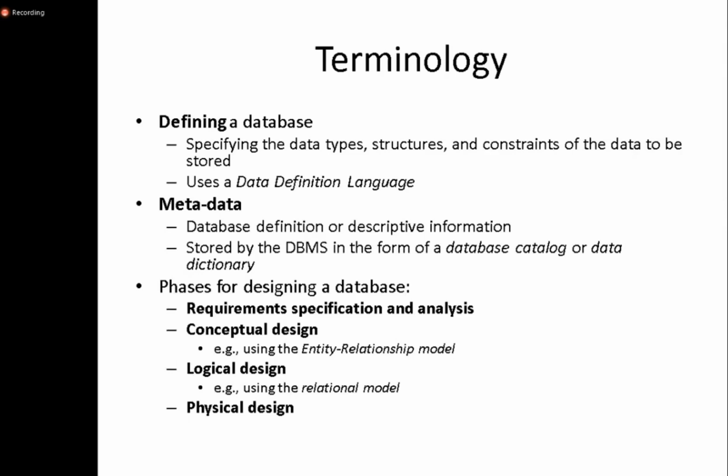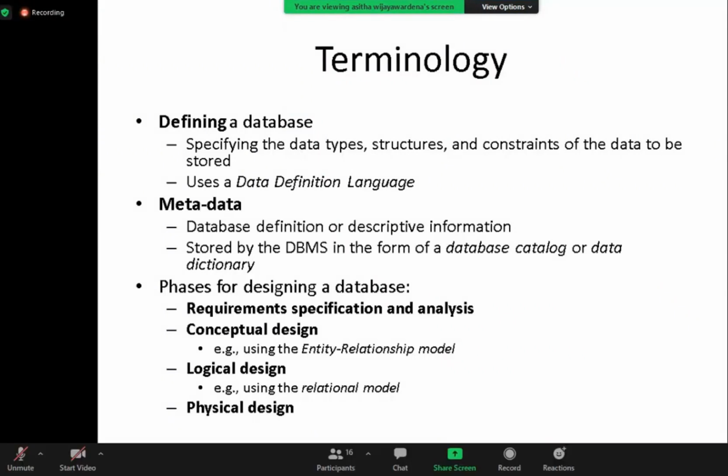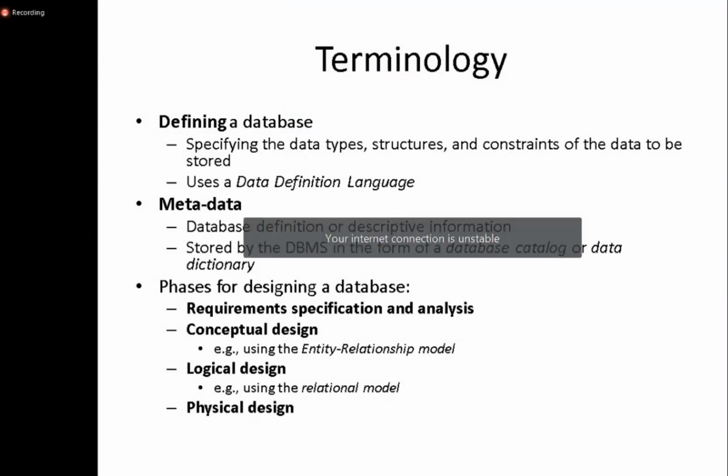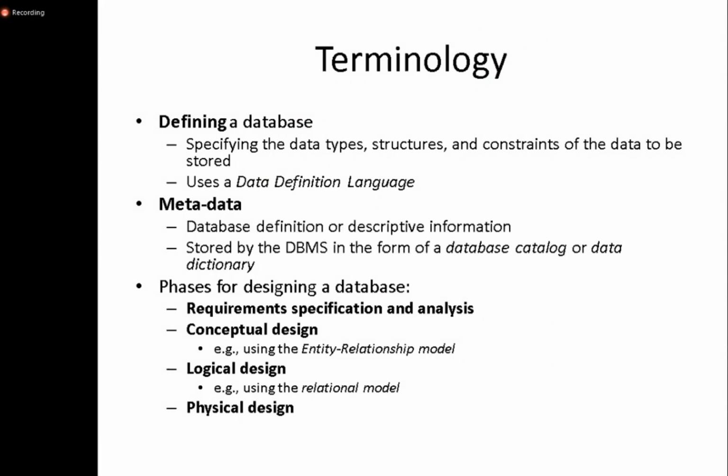So when you define a database, you have to specify data types, structures, and constraints. That is why when you implement a database, there is something called metadata. I think you might have heard about metadata. This metadata describes the available data actually. Now, think of how many clients completed their transactions, right?